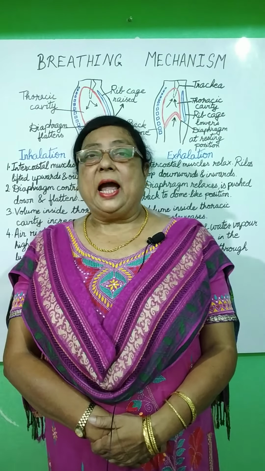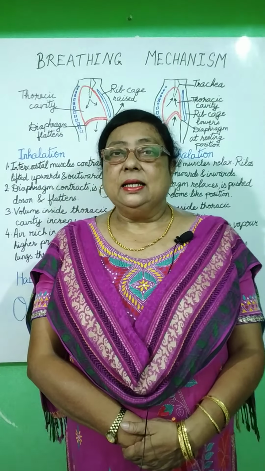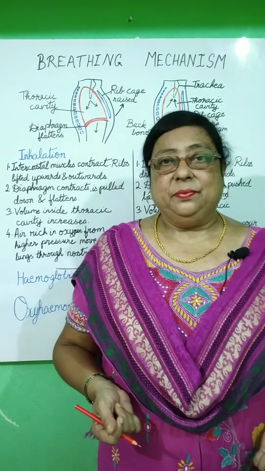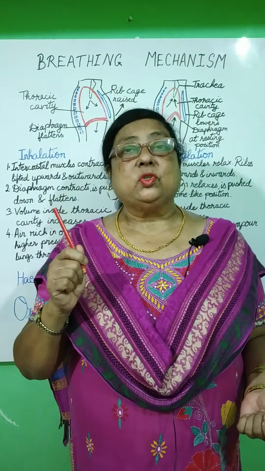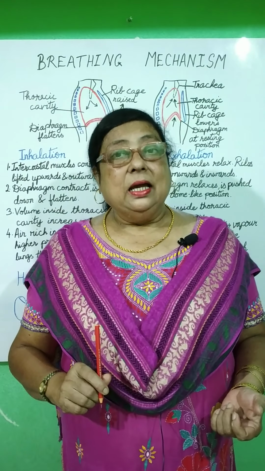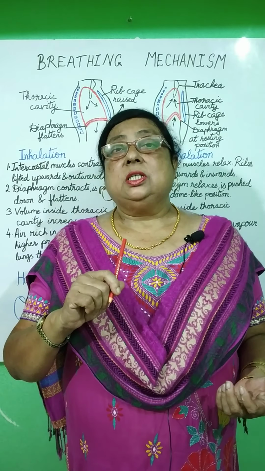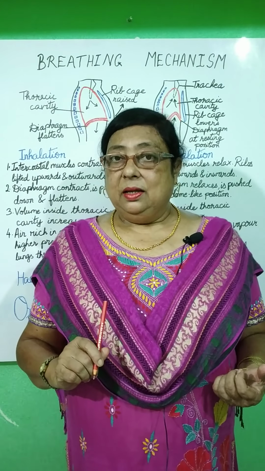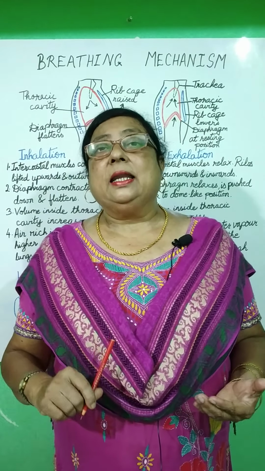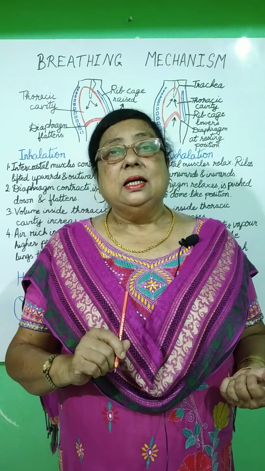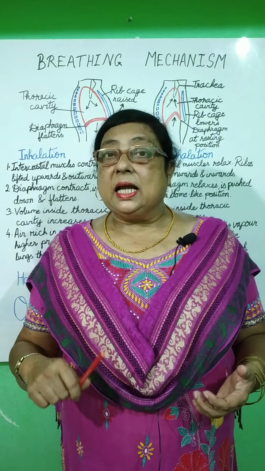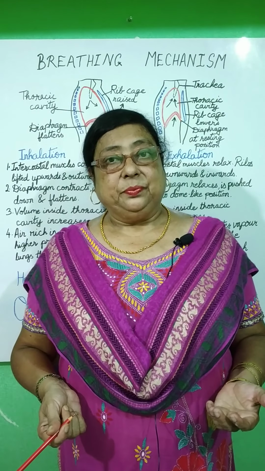Now the air from the atmosphere is breathed in through our nostrils and goes into our lungs. So oxygen enters our lungs. At the same time, carbon dioxide is excreted out by the lungs.